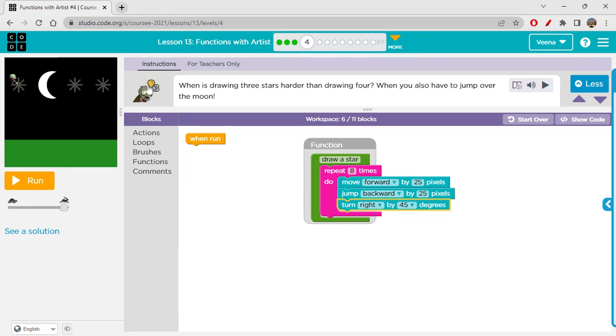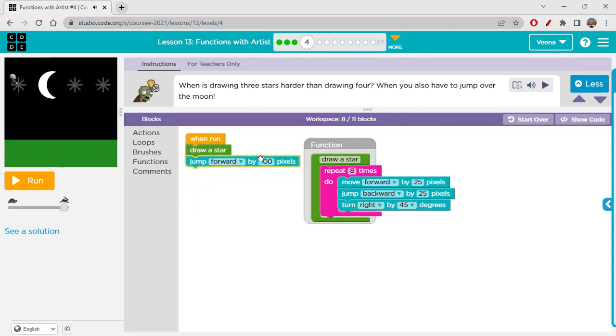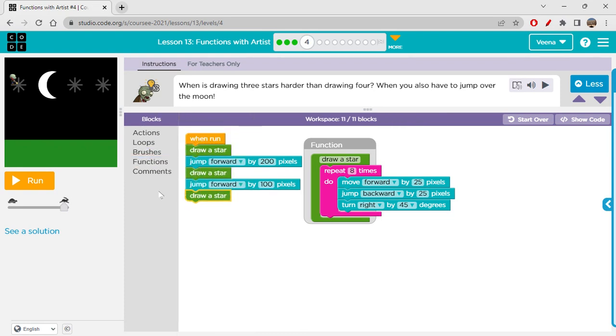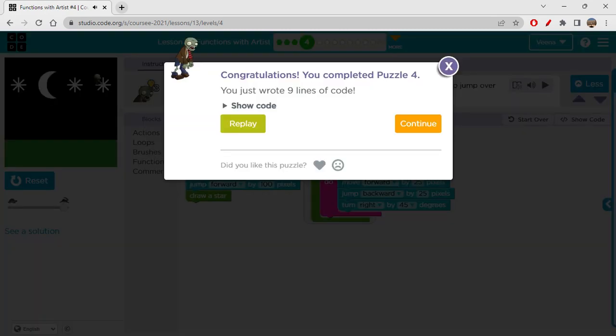So to draw 3 stars, we just have to call the function once here, then jump forward by 200 pixels, then draw a star again. Then jump forward by 100 pixels, then draw a star again. Okay, so I think we're done, right? Wow, that looks cool, right?